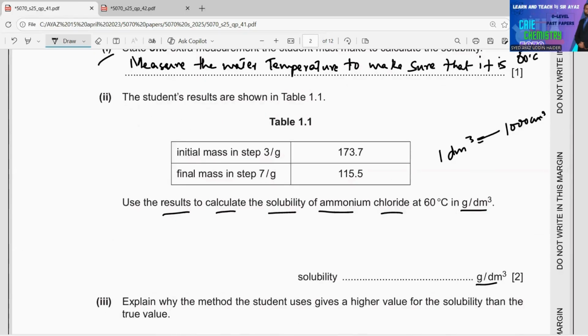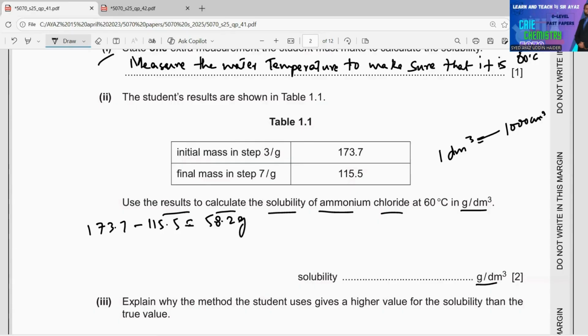So first of all, I'm going to find the mass that is dissolved in 100 centimeter cube by subtracting 115.5 from 173.7. So we'll get 173.7 minus 115.5, 58.2 grams.